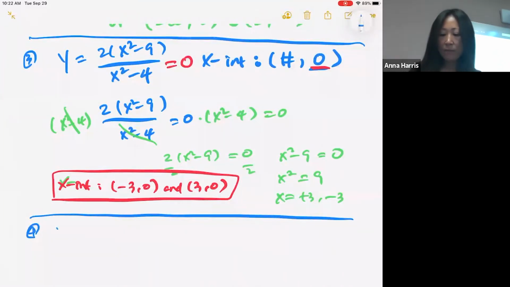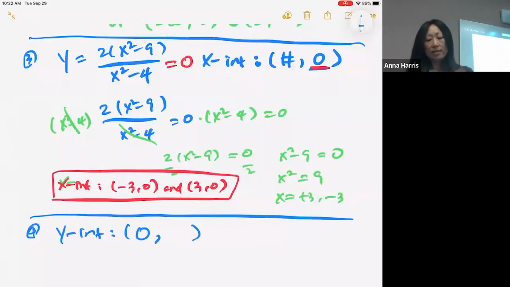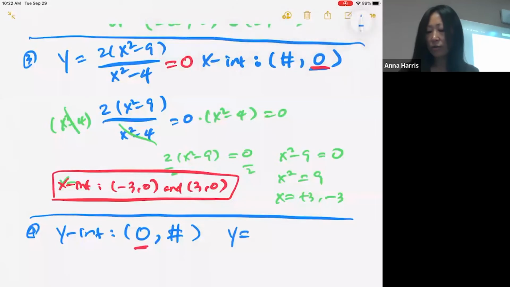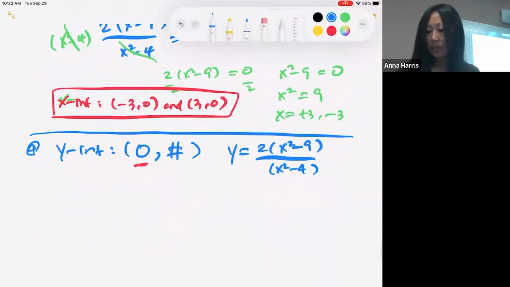Again, you have the same problem. So y-intercept. What does a y-intercept mean? You have a 0 in the x and you have some number in your y. So that's what I'm gonna do. Remember that I'm gonna plug in x as 0 in my equation. So look at this equation. We have y equal to 2x squared minus 9, everything over x squared minus 4. So I'll plug in 0, right?